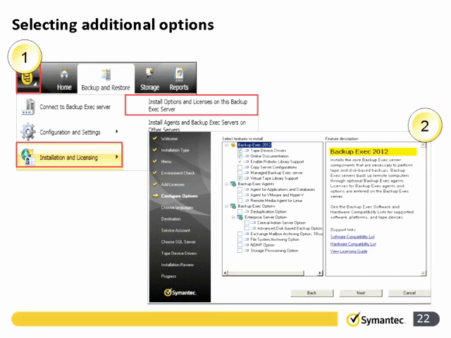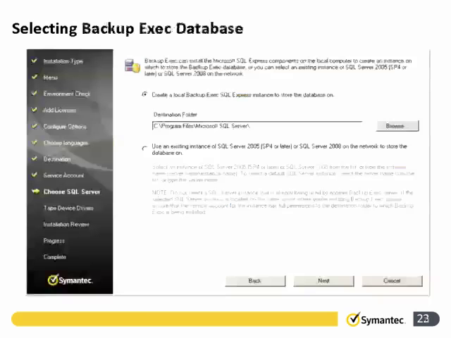Either way, you'll come into the screen that's in the lower right of this slide that allows you to choose what options and agents you wish to install. So you tick the checkbox for the things that you wish to install, click Next, and it will allow you then to redirect the database.